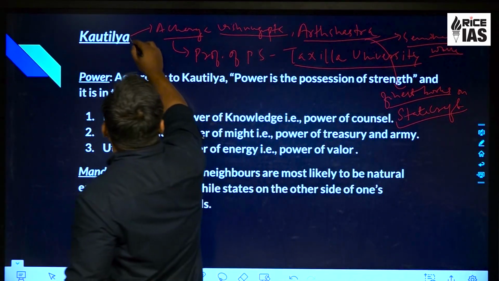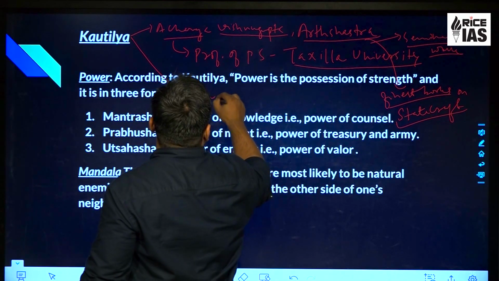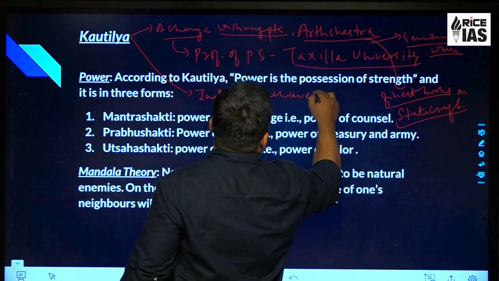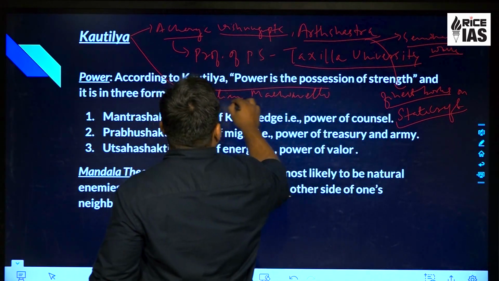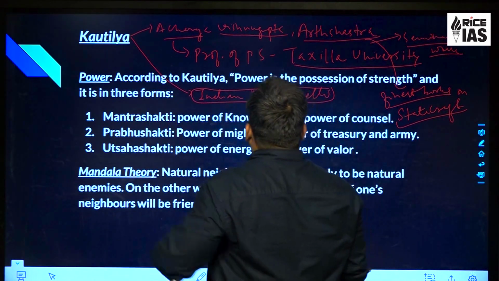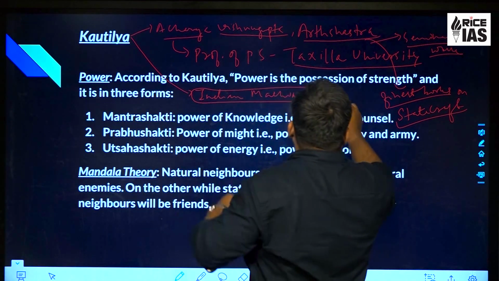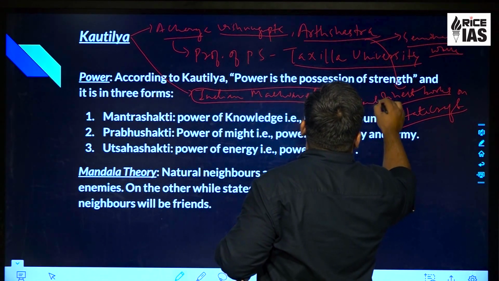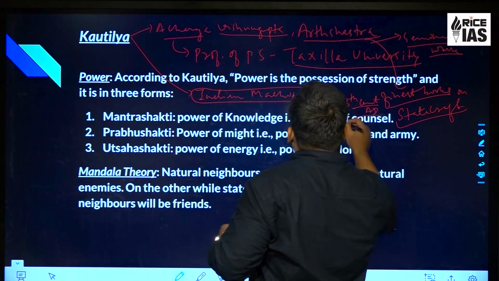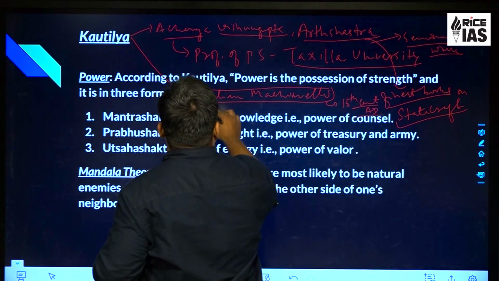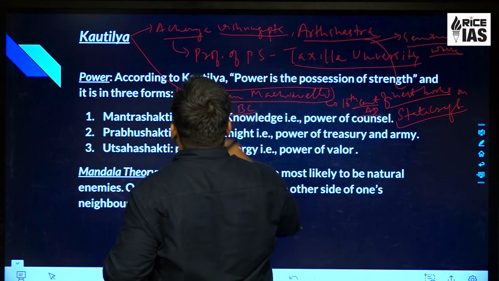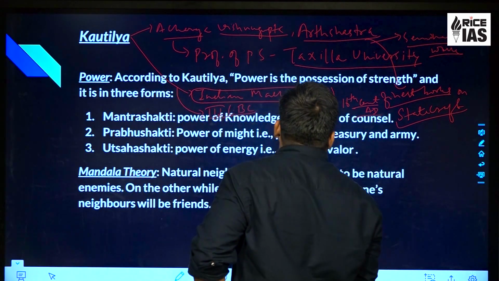Kautilya is also called the Indian Machiavelli. That's what Western scholars address him as. Even though Machiavelli existed in the 16th century AD, almost 1800 years back, in the 3rd century BC, Kautilya was active.